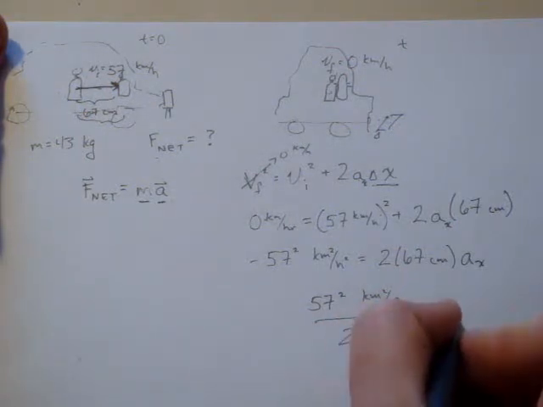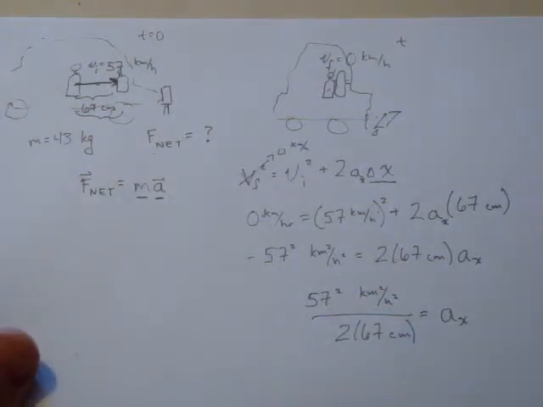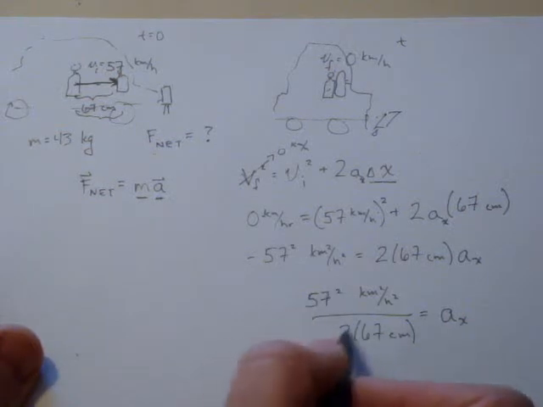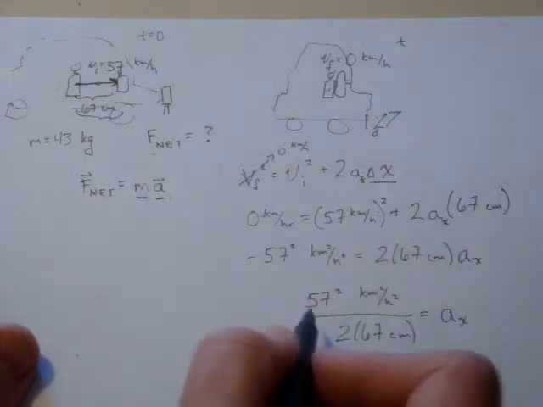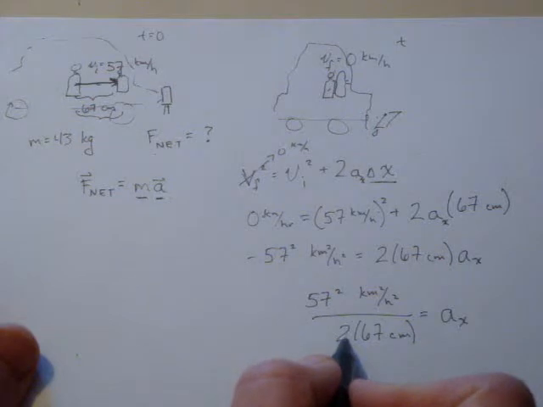Now, one of the reasons it's so key that we keep the units in is that we should be able to see right here from this expression that if we tried to just calculate these numbers, take 57 squared, not worry about what they actually mean, but simply do the mathematical operation of take 57 squared and divide by 2 and then divide by 67, we would get a numerical answer.